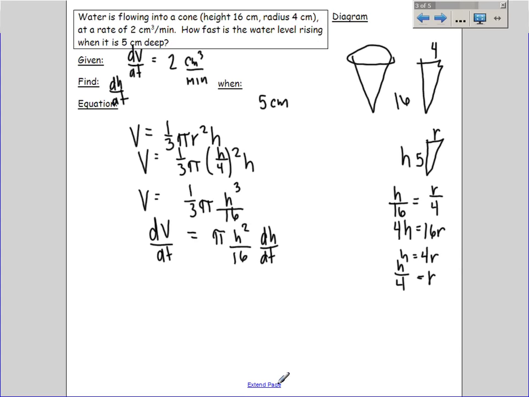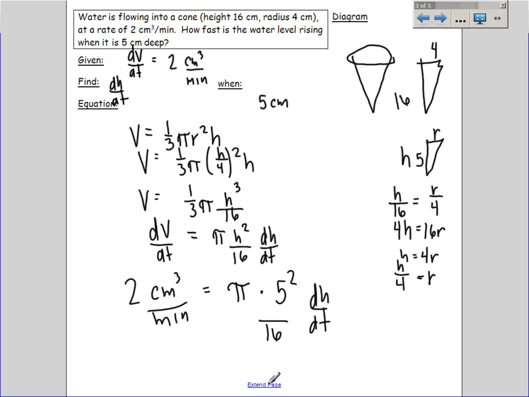At this point in time, we can fill in what we know. Our change in volume is 2 centimeters cubed per minute. I have pi. I would like to find this specifically when my height is 5, so I'm going to have 5 squared over 16 equals dh over dt.